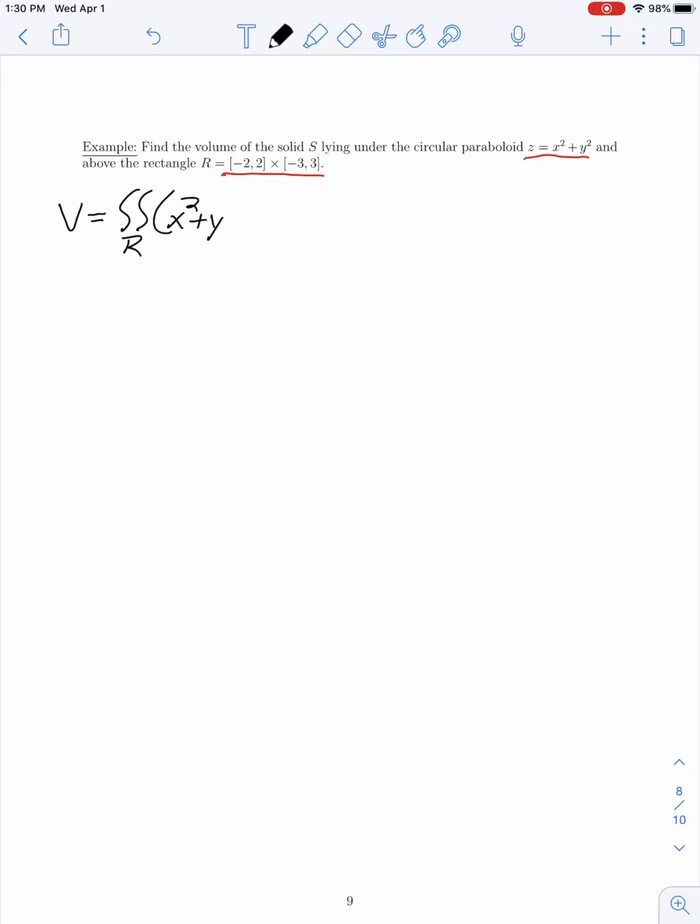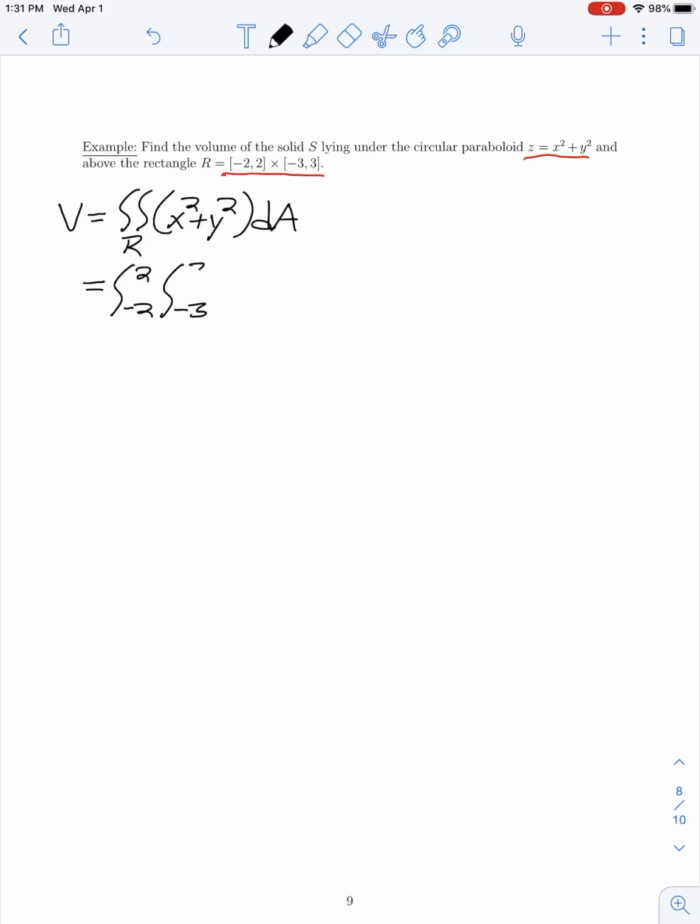So we know that the volume of a solid that lies underneath some surface and above a rectangle is given by the double integral of that function, in this case x squared plus y squared, over the rectangle R.